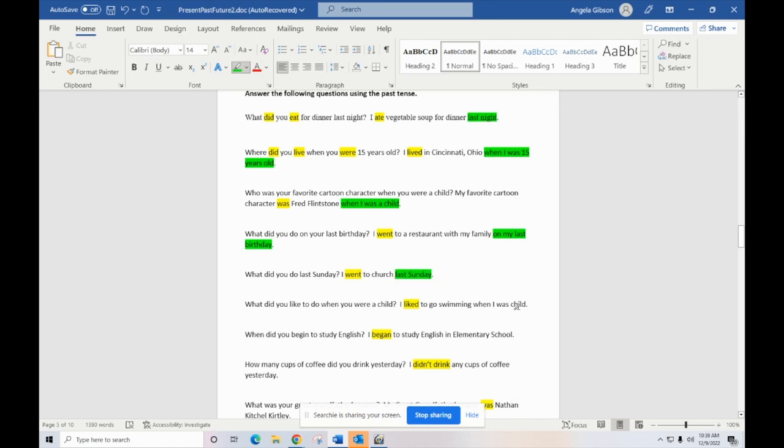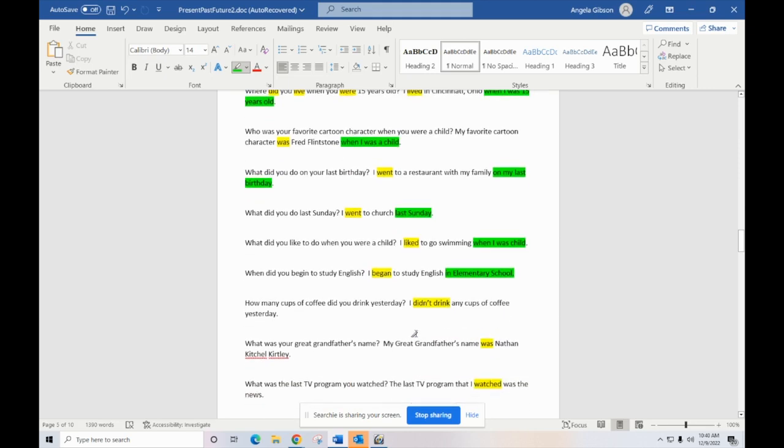Last Sunday, when I was a child. In elementary school. Okay, I am not in elementary school, so you know that that was in the past when I was a young child. Yesterday.